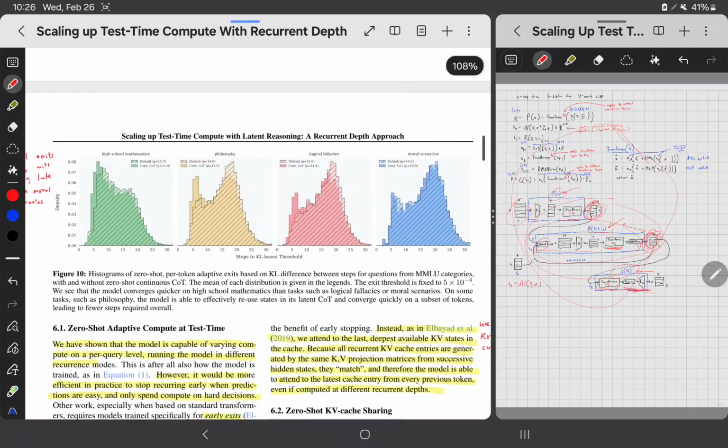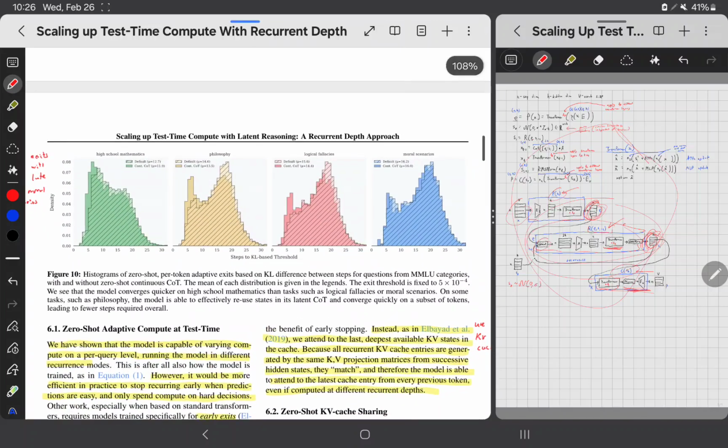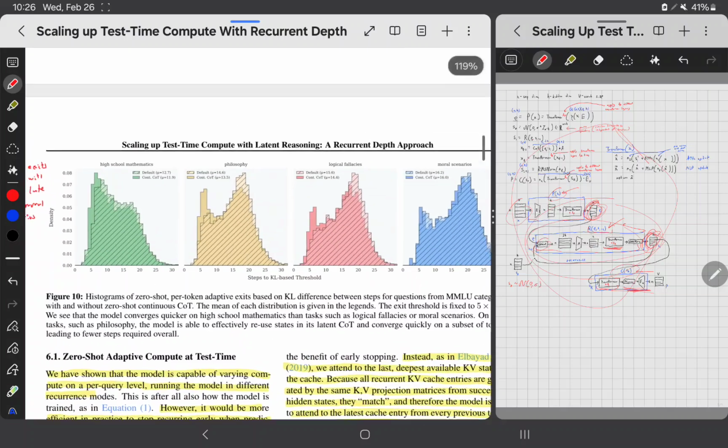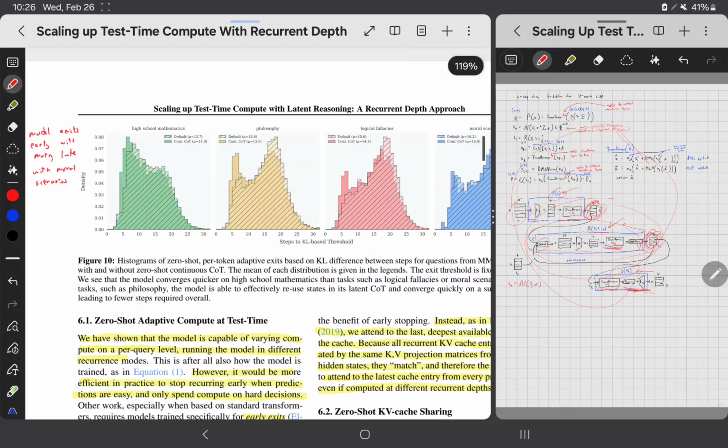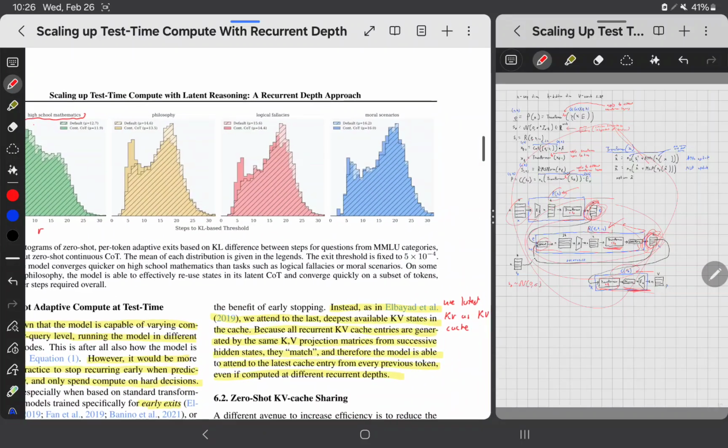Here, they look at the early exits for different types of scenarios. So like high school math, they find that the mode is right skewed and the mass is in the lower values of R. So yeah, this is easier, I guess, versus things like philosophy, logical fallacies, and moral scenarios.